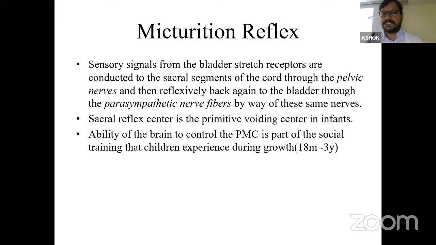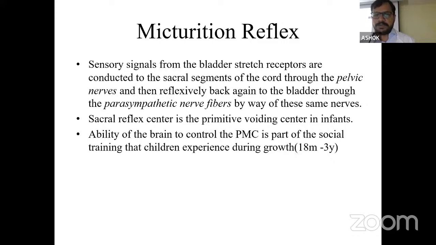Micturition reflex: sensory signals from the bladder stretch receptors are conducted to the sacral segment of the cord through the pelvic nerve, and then reflexly back again to the bladder through the parasympathetic nerve fibers by way of these same nerves. The sacral effector center is the primary voiding center in animals.